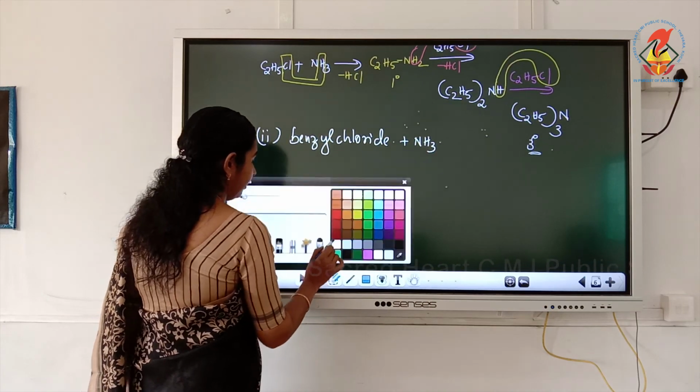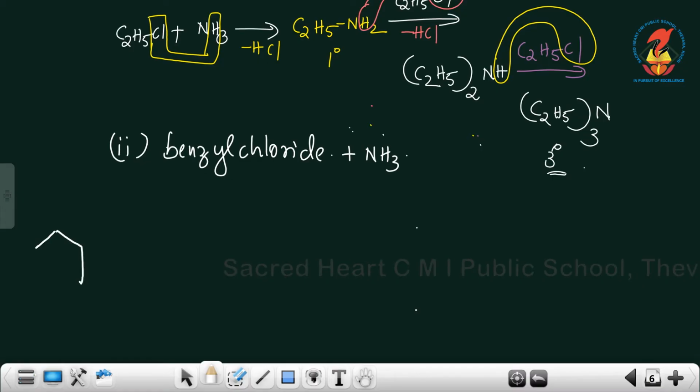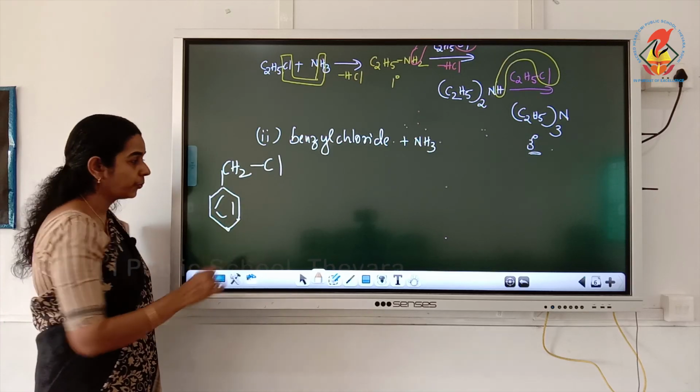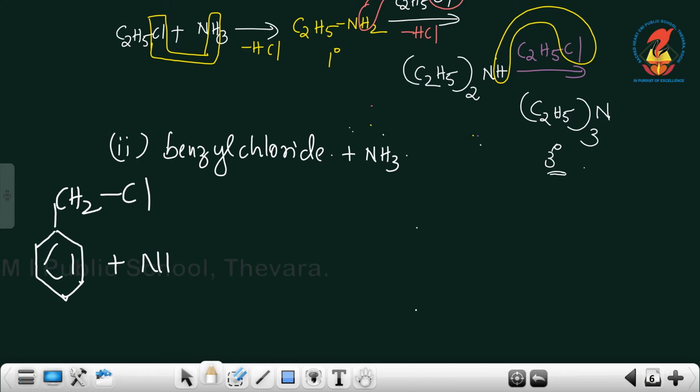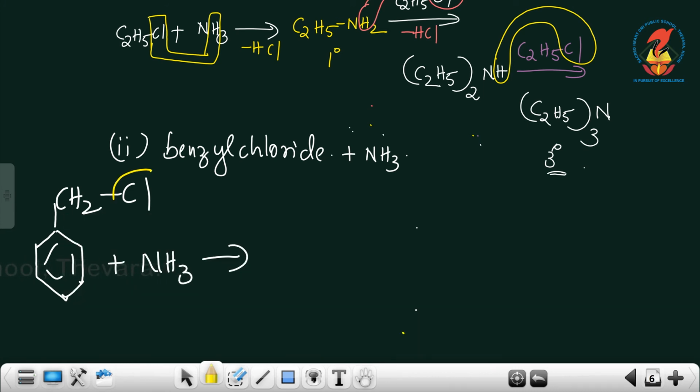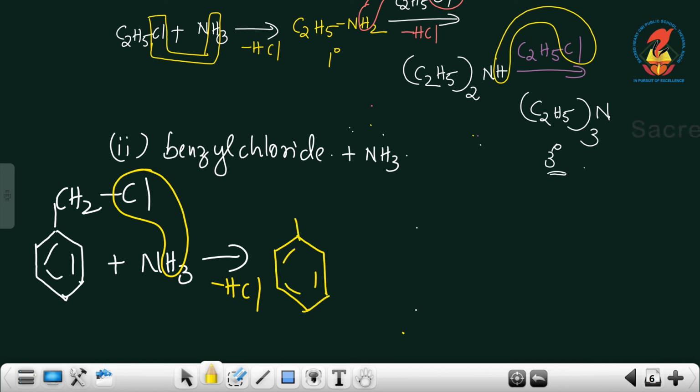We know the benzyl chloride formula is benzene ring CH2Cl, because we know that the benzyl group is C6H5CH2. So it is reacting with ethanolic ammonia, and we know that from this HCl will be eliminated, so minus HCl, and we get benzene ring, no change, CH2, no change.